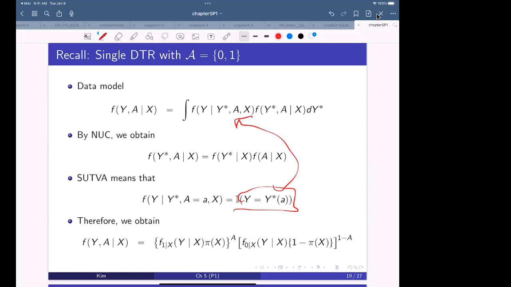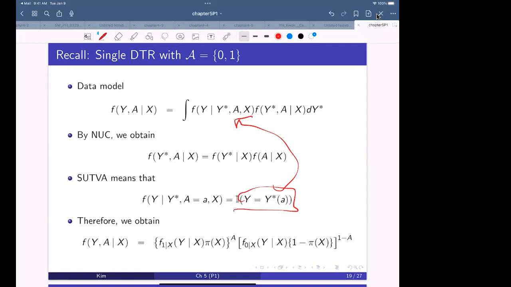Right. Then if we need to work out this integration, do we also need to know the correlation between potential outcomes? Actually, no, because you only choose one of the two. Okay, that's a good point.